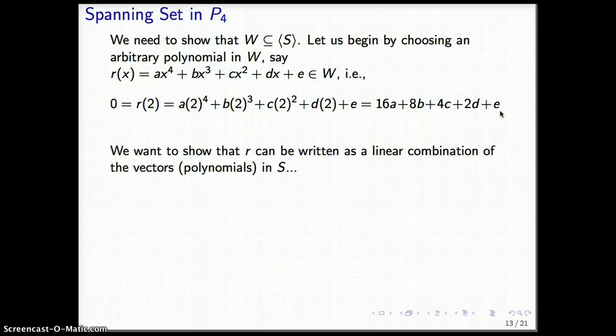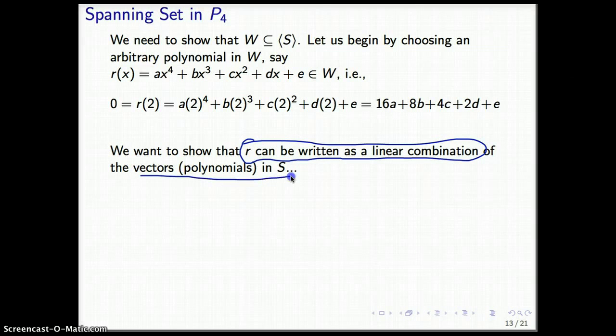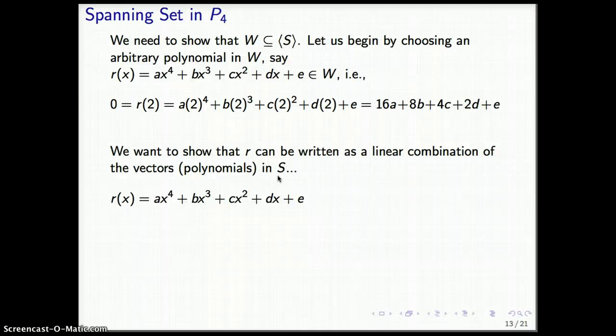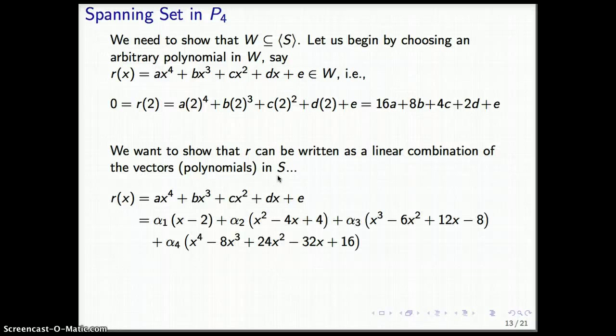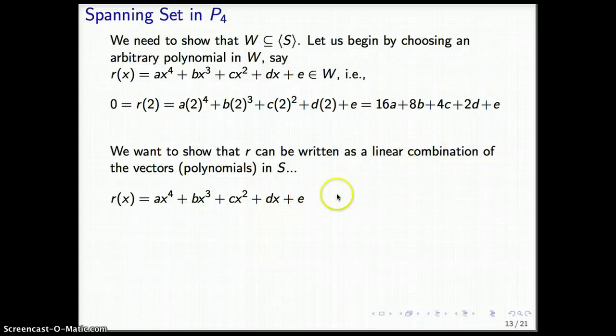So what we're going to do next is write R, this arbitrary element in W, as a linear combination of those members in S, right? So here's R, and in other words, we want to write this as alpha 1 U1 plus alpha 2 U2 plus alpha 3 U3 plus alpha 4 U4, right? So remember that U1 here is x minus 2 and so on.